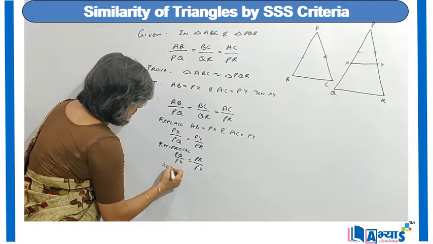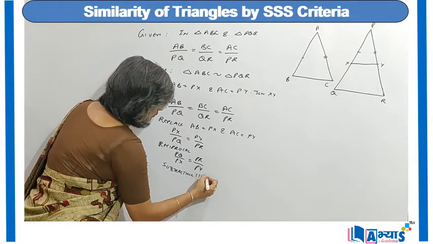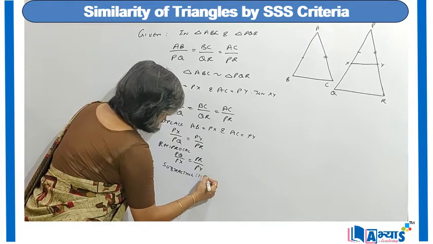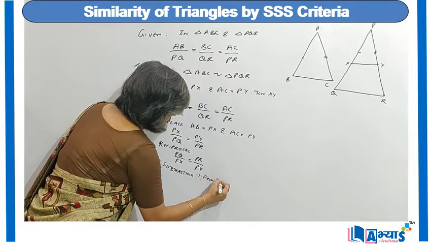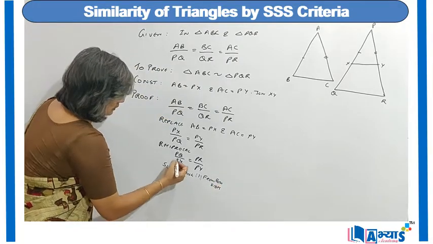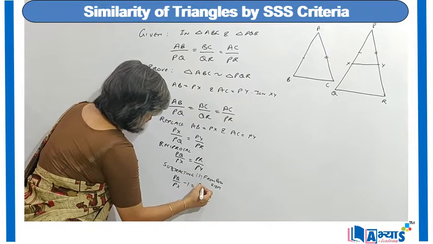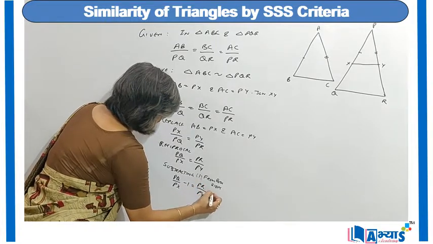Subtracting 1 from both sides, we will get PQ upon PX minus 1 is equal to PR upon PY minus 1.